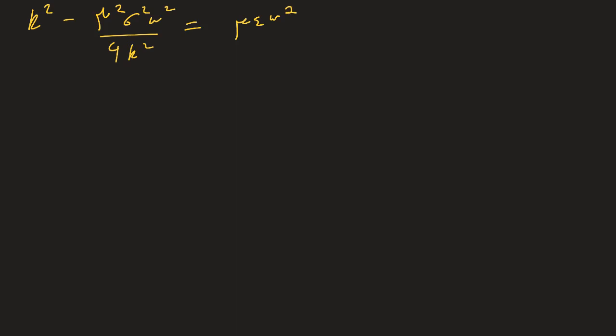So if we multiply both sides by k squared, what we get is k to the power of 4 minus mu minus k squared times mu epsilon omega squared is equal to mu squared sigma squared omega squared over 4.